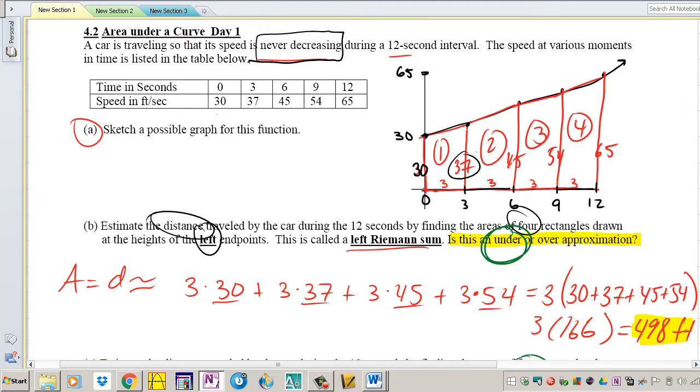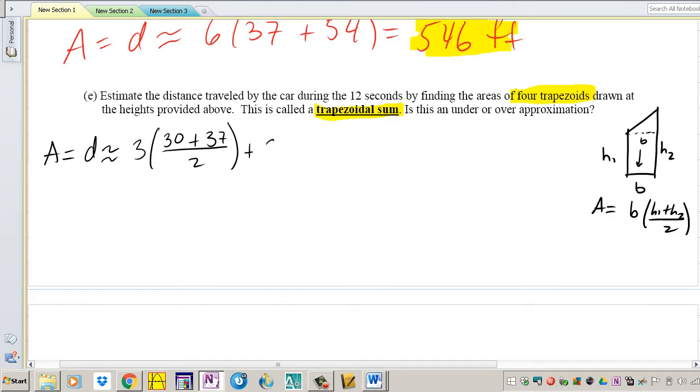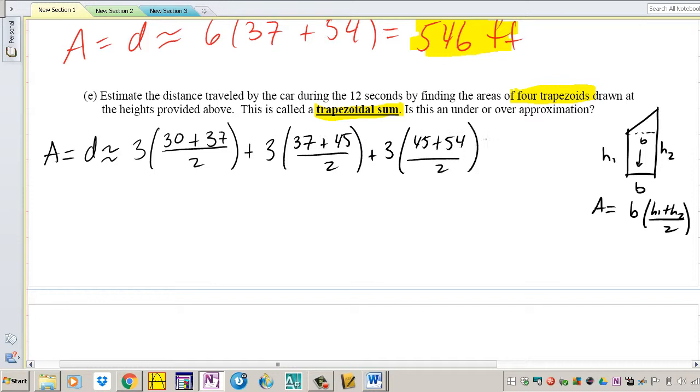Now it's going to be those two heights, so it's going to be base 37 plus 45 all over 2, and then base 45 plus 54 all over 2, plus the base 54 plus 65 all over 2.